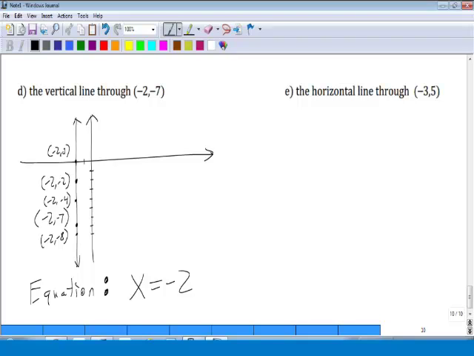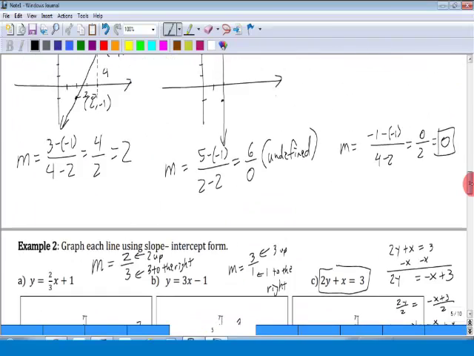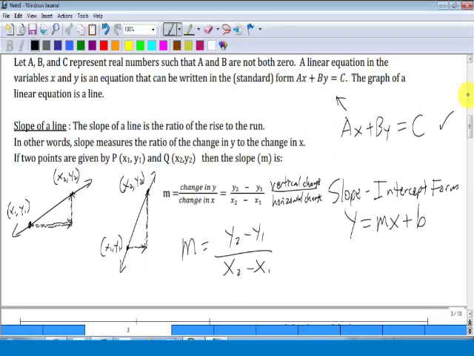Now we said the standard form of the equation of a straight line. Where was that standard form? Where was it? Ax plus by. Was it way up there? Yeah, there it is. Ax plus by equals c gives us the equation of a straight line. Now, the qualification there is a and b can't both be 0.